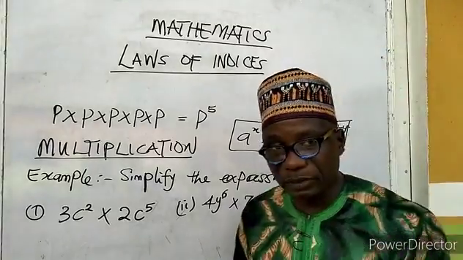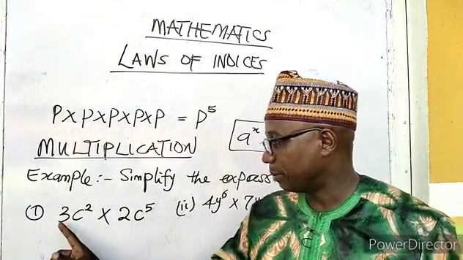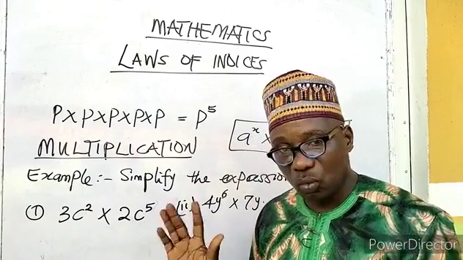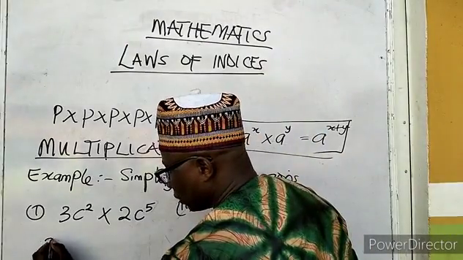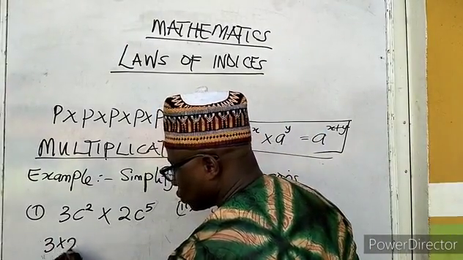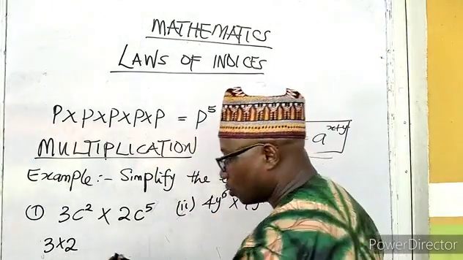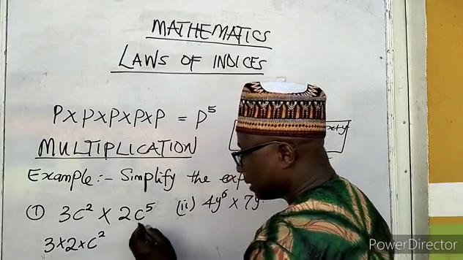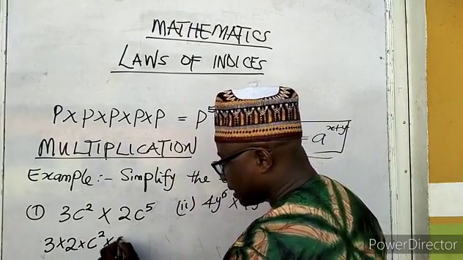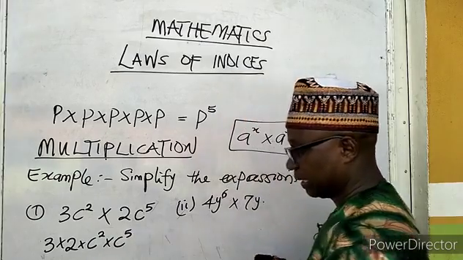Class, ẹ wo bí báyìí o, àwọn owó ló jọra wọn. Ẹ rí pé 3 àti 2 wọn ò jọra wọn. Just bring them out. So this one would be 3 times 2. Ṣé n pé mo ti gbé jáde? Kí ló kù? Ó kù c raised to the power of 2 times c raised to the power of 5.